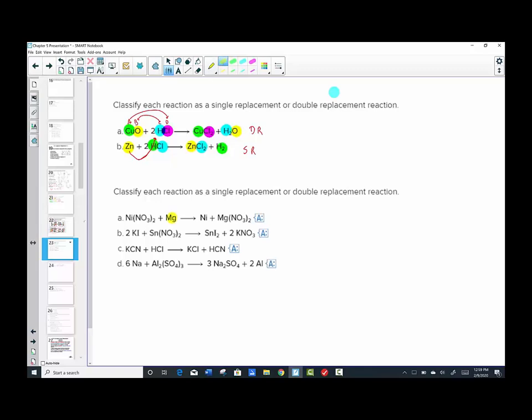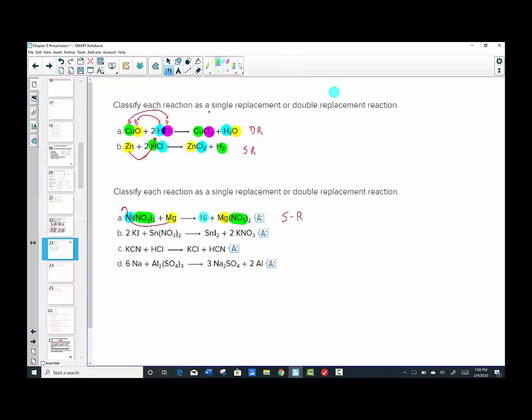Letter A, here's a magnesium reacting with a nickel and the last name nitrate. 3 characters. The nickel is now by itself. The magnesium is now hooked to the nitrate. We have 3 different ingredients. Magnesium displaced the nickel in a single replacement.